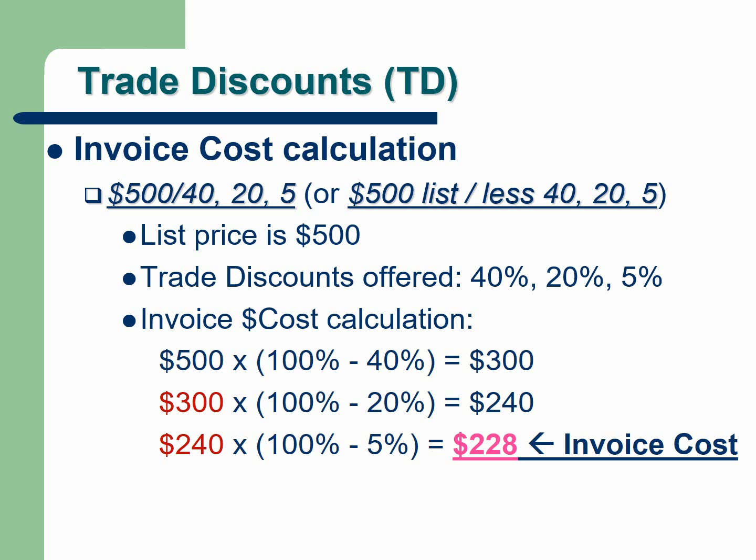Not from the original list price of $500, but from the answer after taking the first 40% off. So what's left is $300, and from there you take off 20%, which leads to $240. The last trade discount of 5% is again applied to this answer. So $240 times 100% minus 5% is $228, which will be your invoice cost.